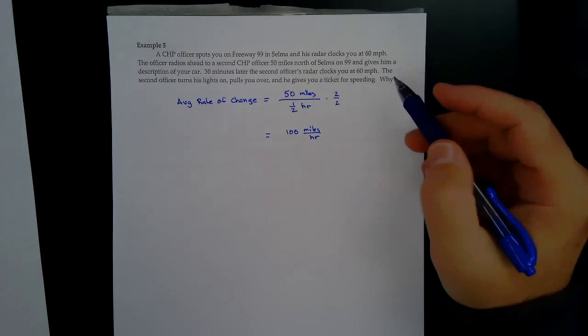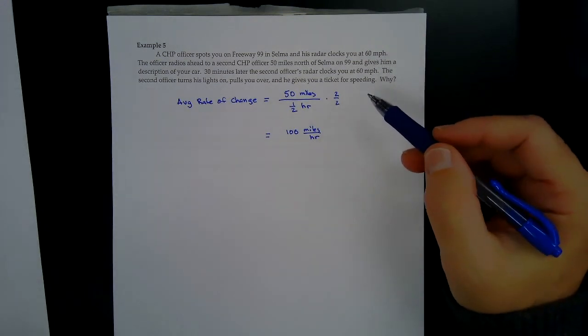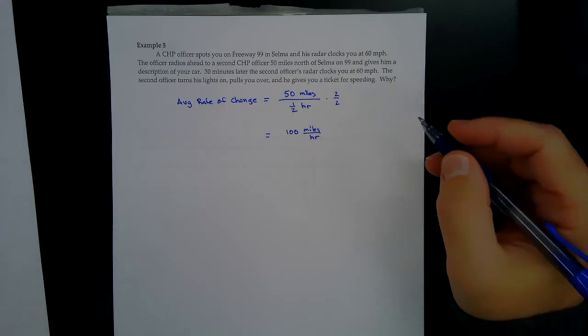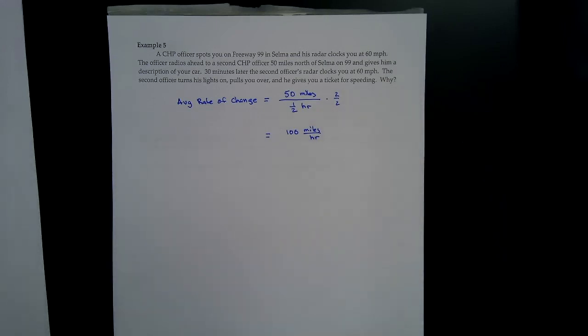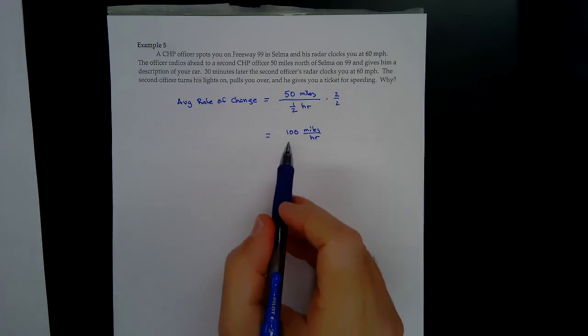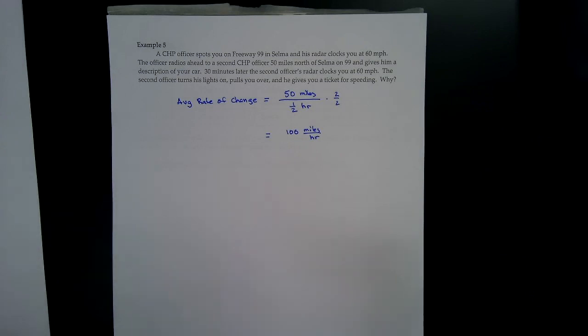Well, heck, in Selma, he was going 60, and he was going 60 here, right? But what this tells us is that there has to be a point in time in those 30 minutes in which he had to have hit the 100 miles per hour, which means he broke the speed limit, right? So he's got to get a ticket.